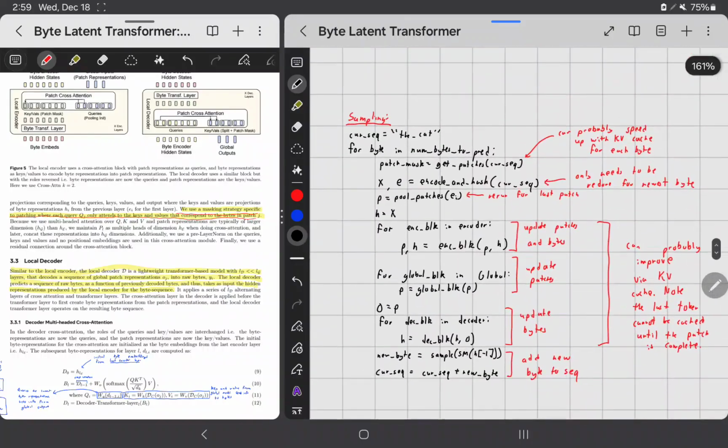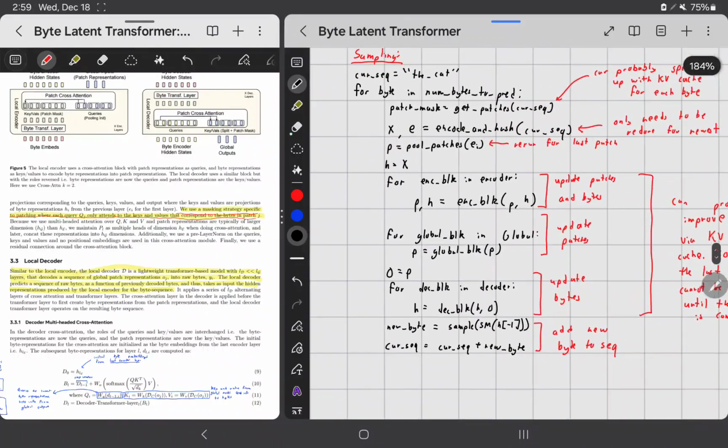And I have the sampling procedure, at least what I think it should be, here. I looked at the code and I played around with it a little bit, and yeah, I just didn't get it working with inference. I'm going to play around with it after.